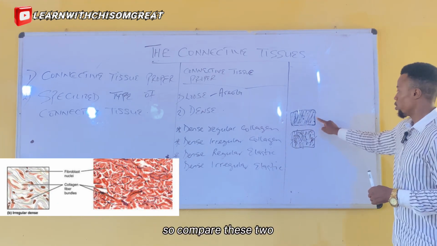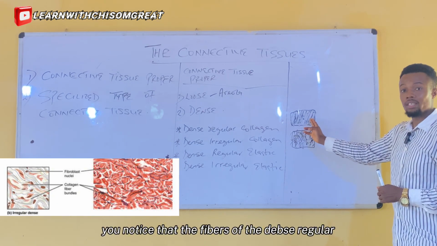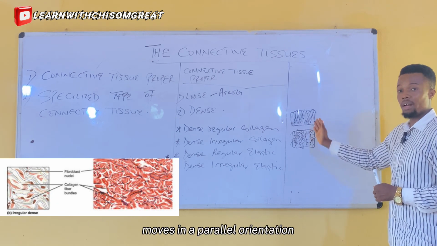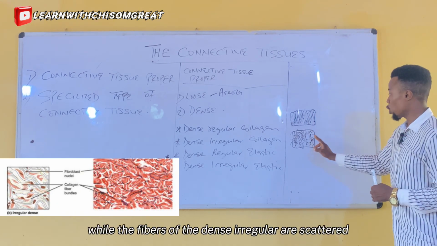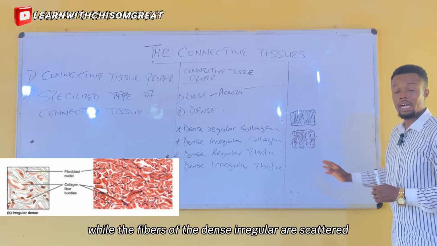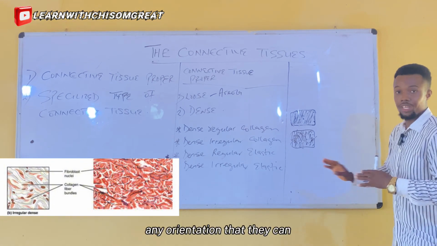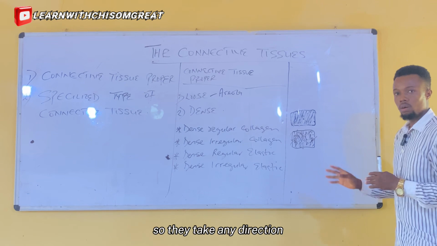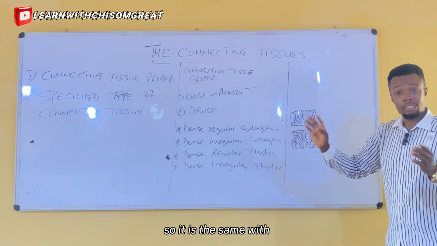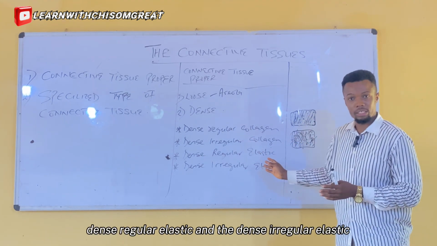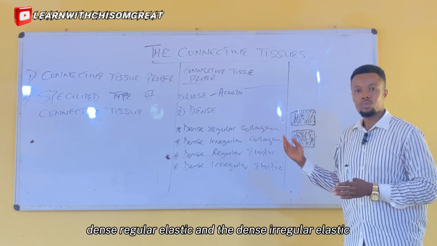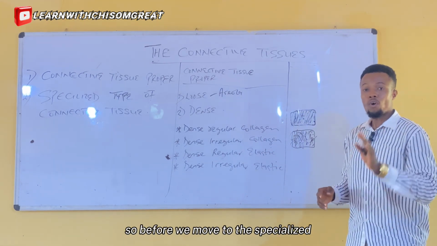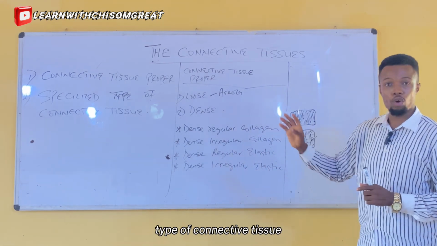So compare these two. You notice that the fibers of the dense regular move in a parallel orientation, while the fibers of the dense irregular are scattered and they take any orientation that they can, any direction. It is the same with dense regular elastic and the dense irregular elastic.